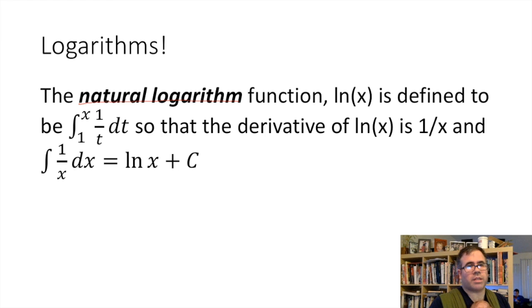This is why it was always called the natural logarithm, because it is the simplest logarithm that comes from calculus. There are other logarithms, but this is the one that comes from the simplest integral in calculus, and that's why we call it the natural logarithm.